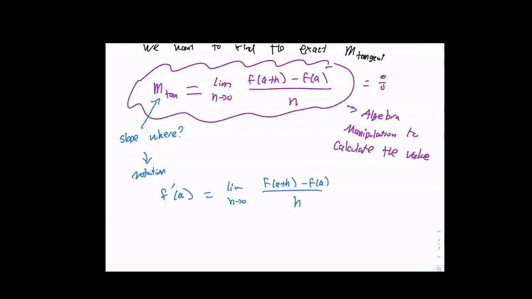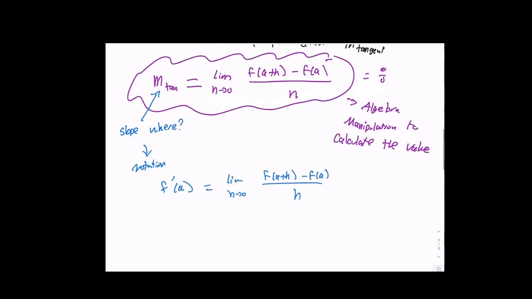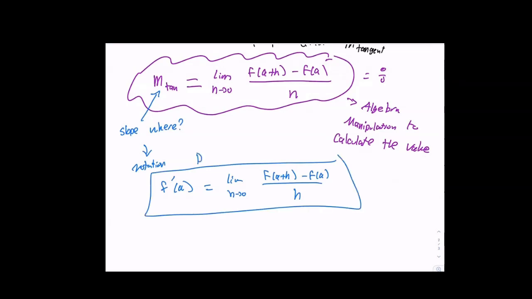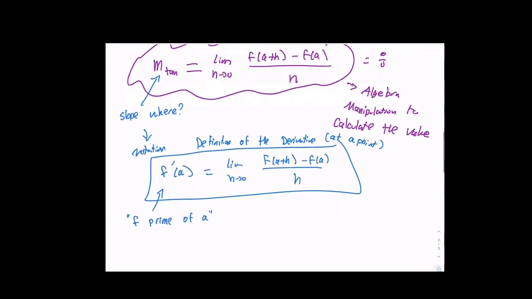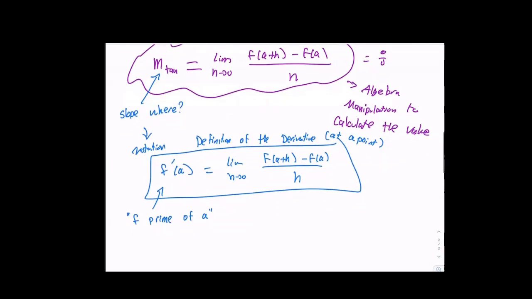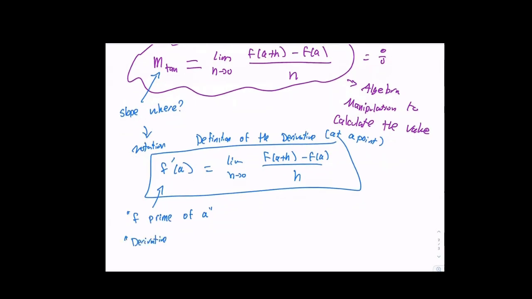So this right here is what we call the definition of the derivative at a point. This is read as f prime of a, or we could read this as the derivative of f at x equals a.